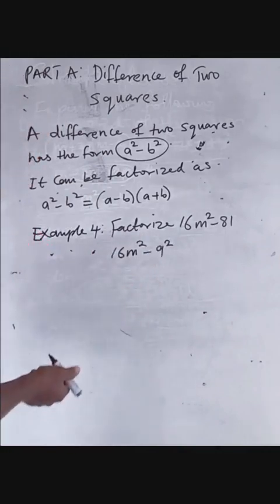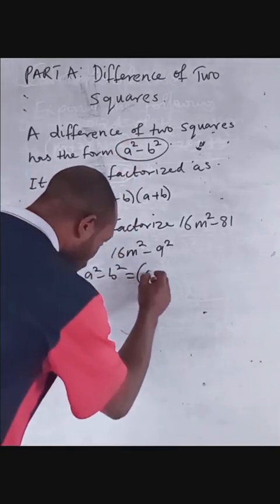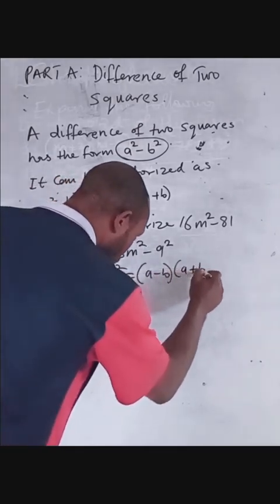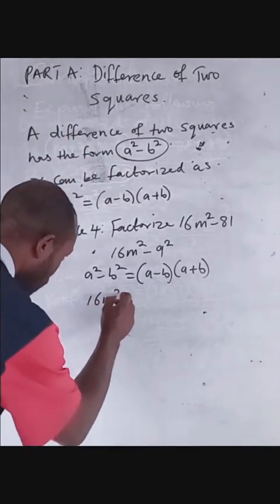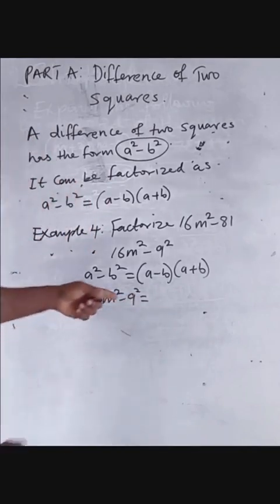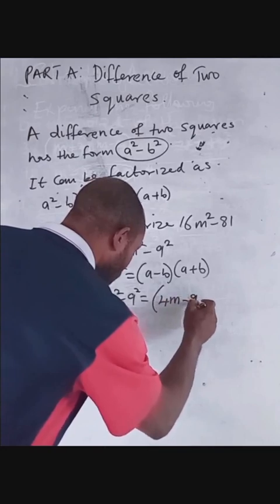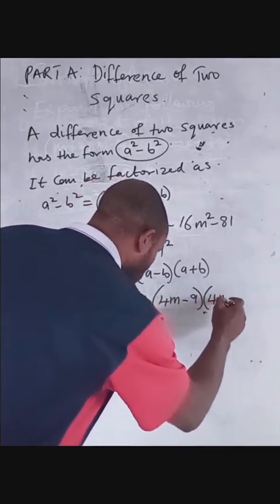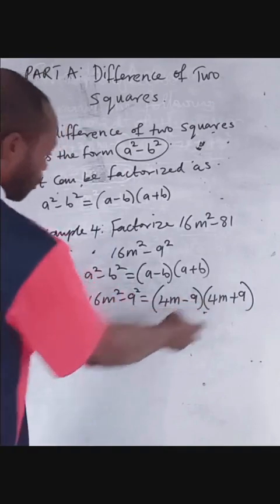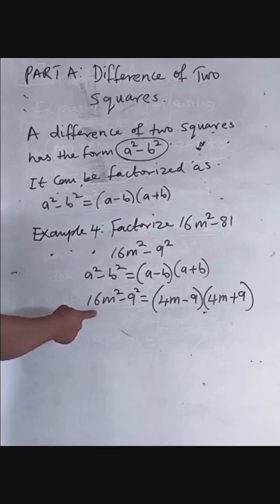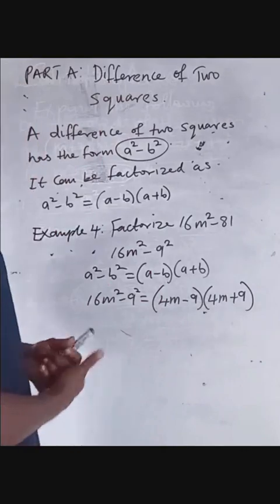If we apply the formula for difference of two squares, a squared minus b squared equals a minus b, a plus b, this is going to be expressed as 4m minus 9, 4m plus 9. Why 4m? Because 4 times 4 will give me the 16 here, the coefficient of m squared. So this is the solution: 4m minus 9, 4m plus 9.